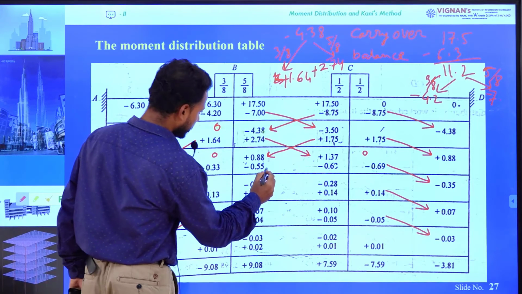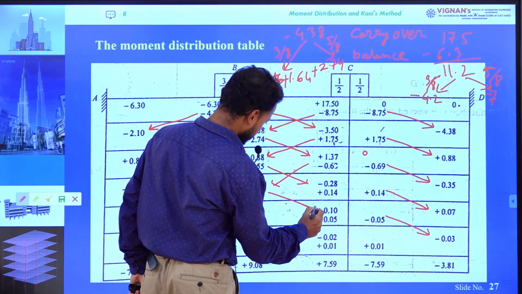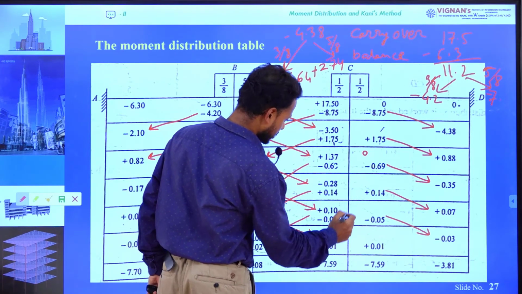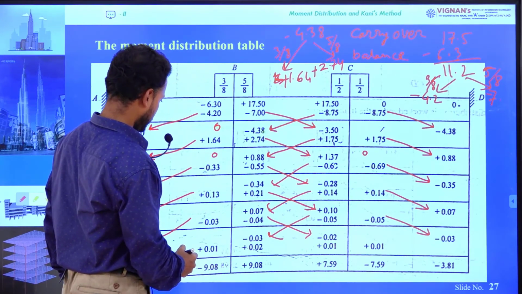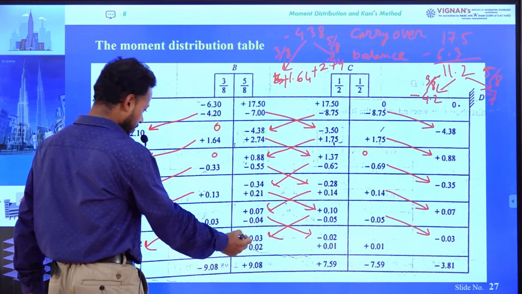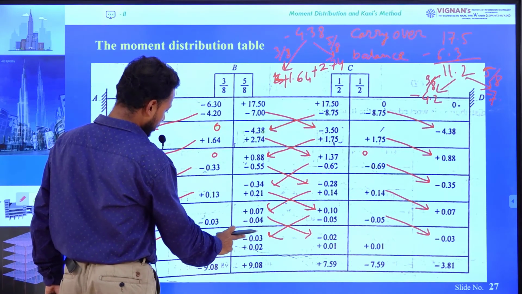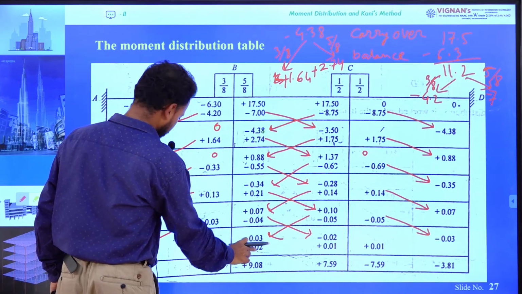at this level, you will get... okay, so I am at this level. If you add these two moments and multiply with this factor, you will get 0.01 and 0.02.